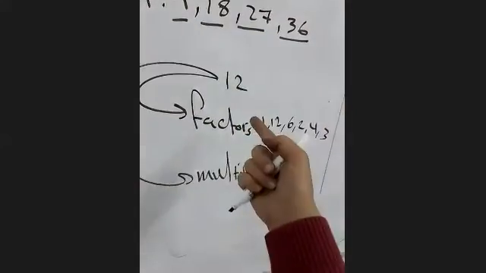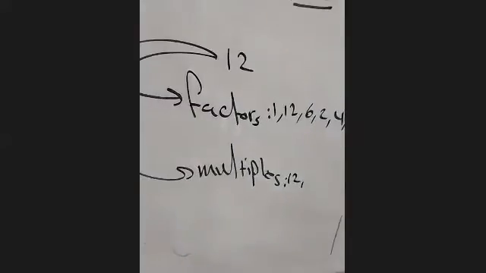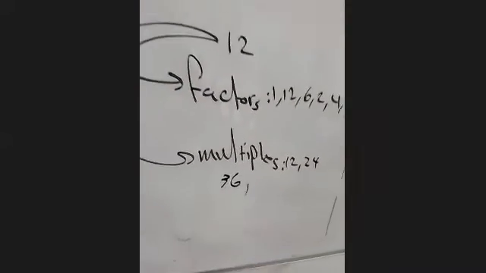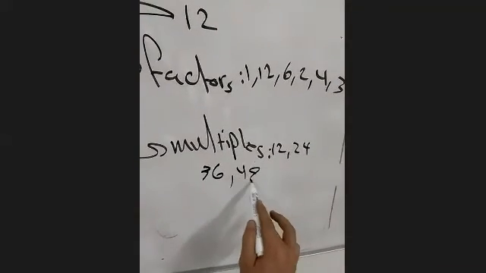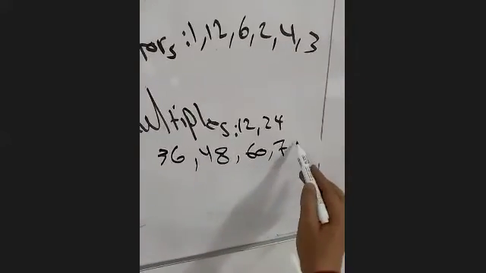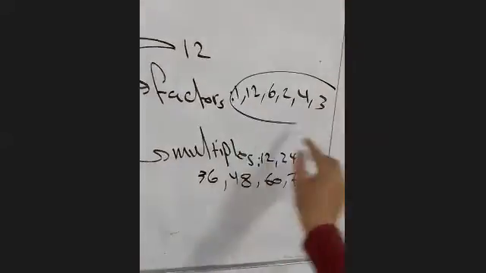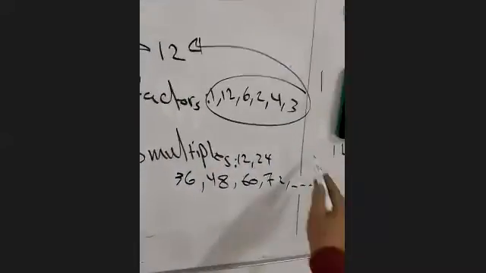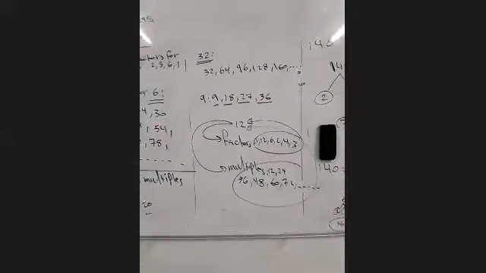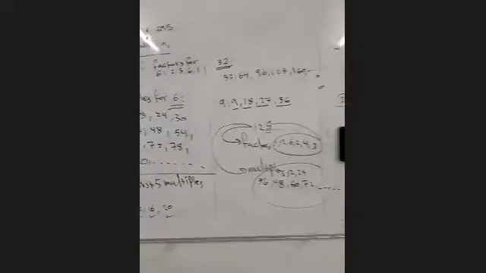But multiples for 12, no. I multiply the 12: 12 by 1, 12. 12 by 2, 24. 12 by 3, 36. 12 by 4, 48. 12 by 5, 60. 12 by 6, 72. And go more, as much as you want. So we call these numbers factors for 12, and these numbers multiples for 12. It's very important.